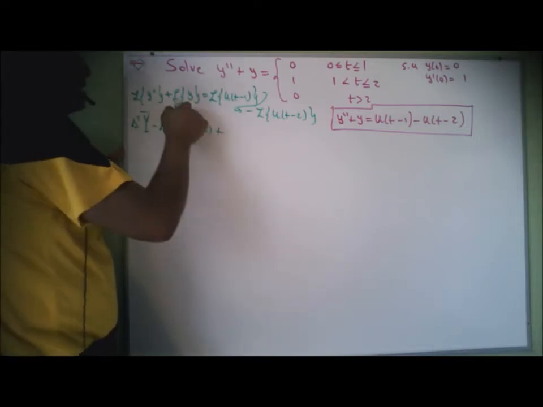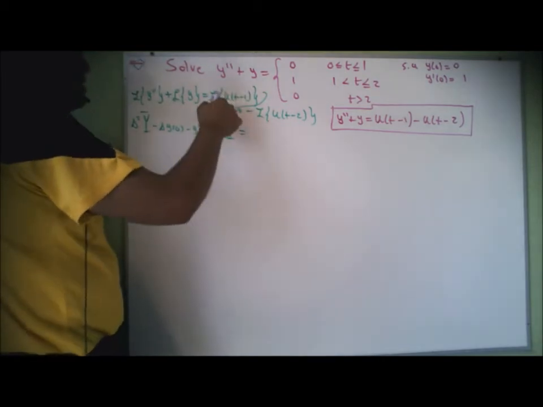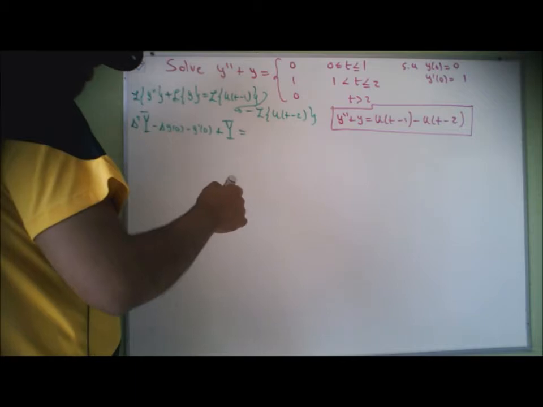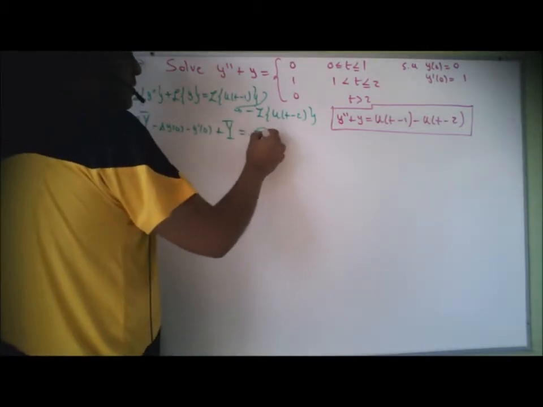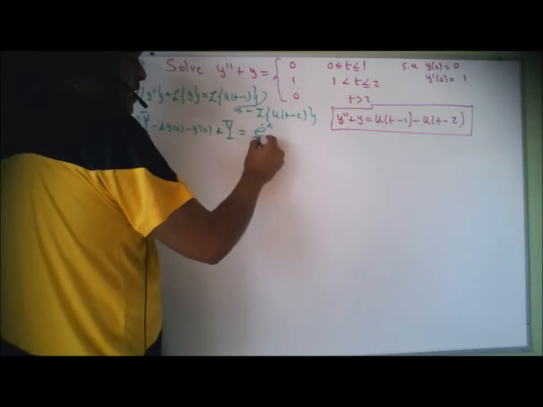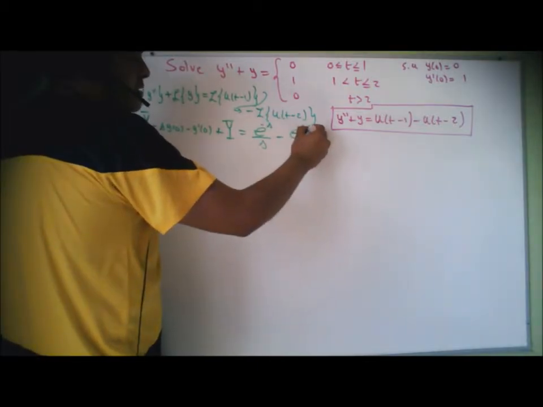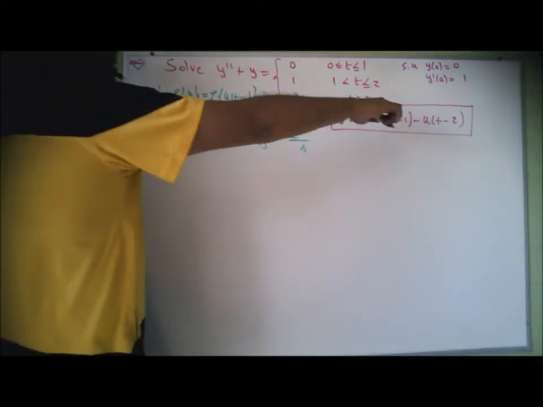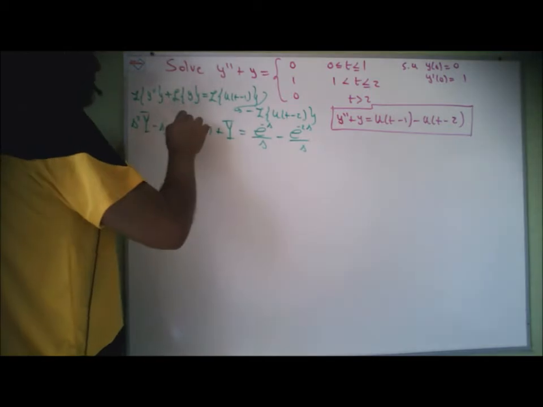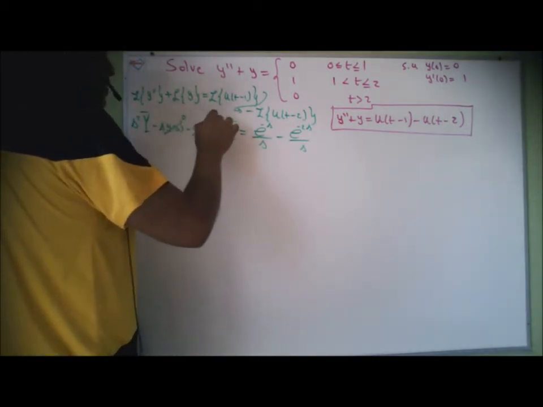And then the Laplace transform of y is capital Y, equal to the Laplace transform of this step function, which is exponential of minus s over s, minus the Laplace transform of this, exponential of minus 2s over s. Okay, let's replace the initial conditions. y of 0 happens to be 0 and y prime of 0 is equal to 1.